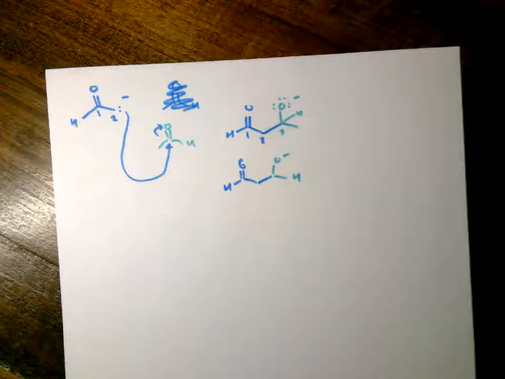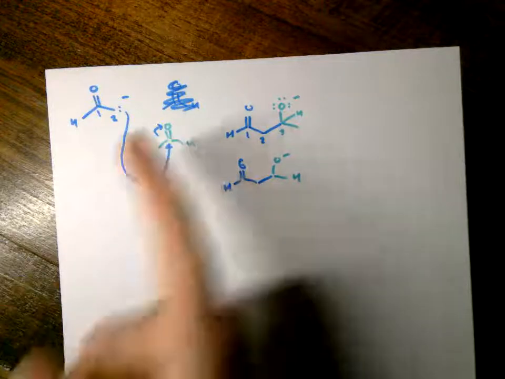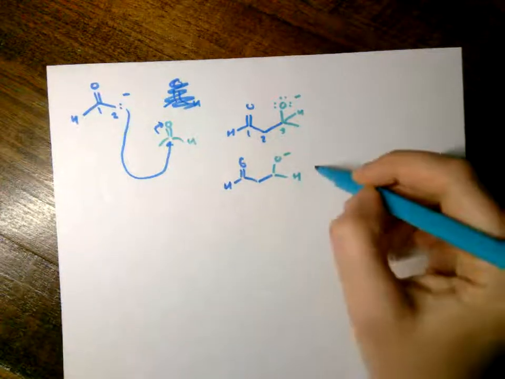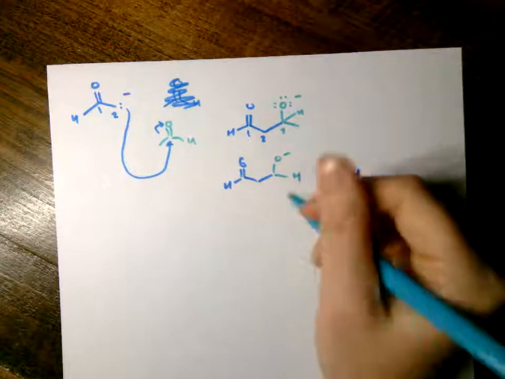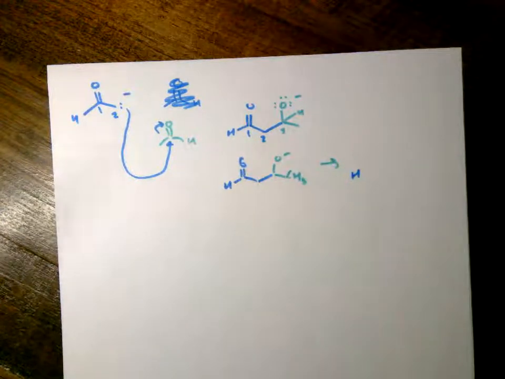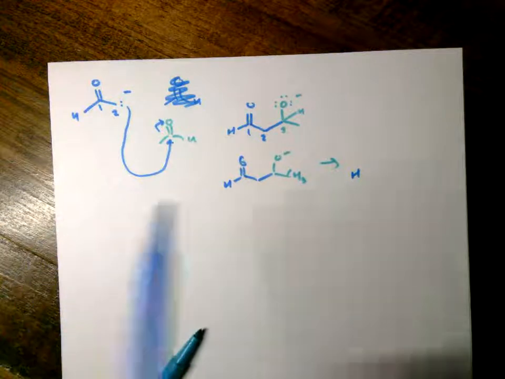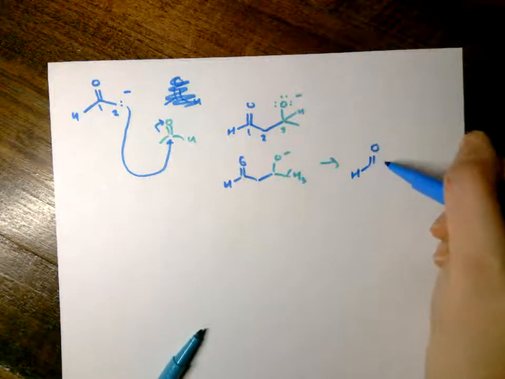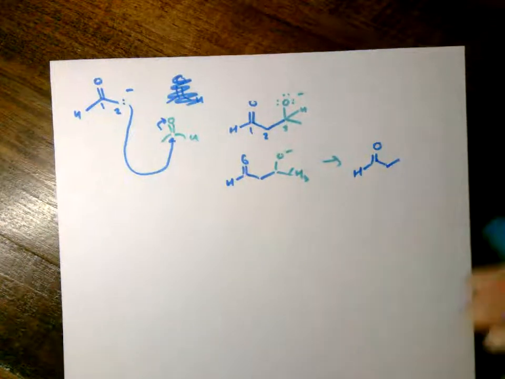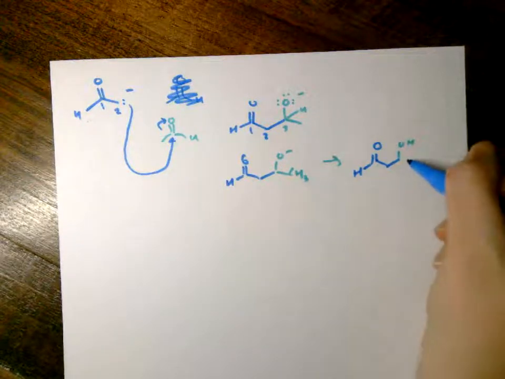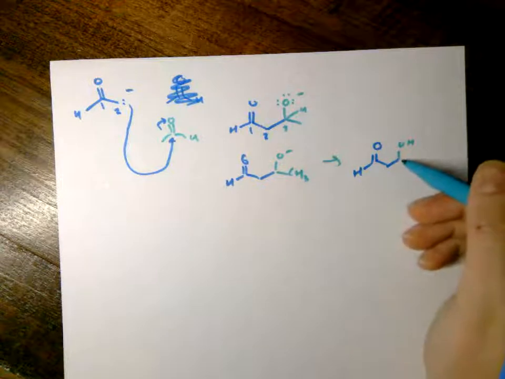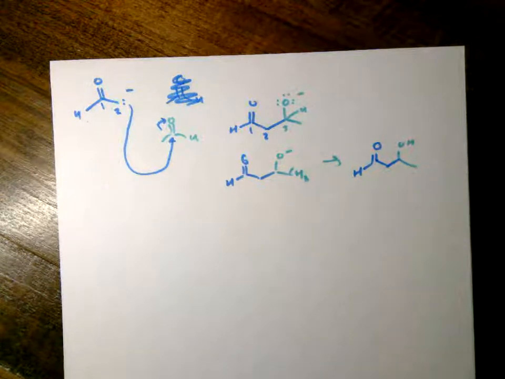And then depending on what you use to make the base in here, this will be protonated. This will be protonated, and you'll get aldol addition. However, aldol addition products are usually not very stable.